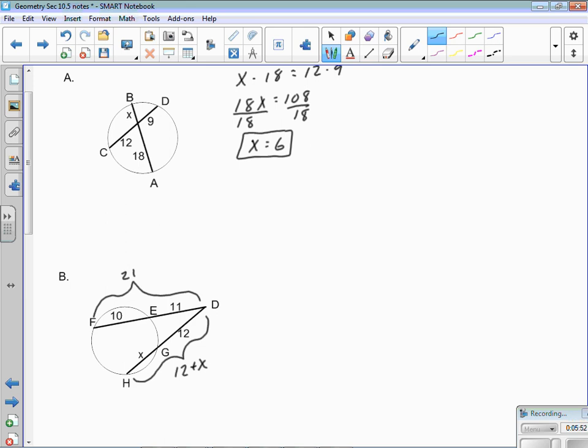To set it up, the external portion of FD, which is ED, will be 11 times the whole thing, which is 21. And that's going to be equal to the external segment DG, which is 12, times the whole segment, which is 12 plus x.